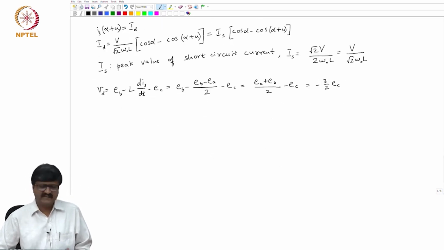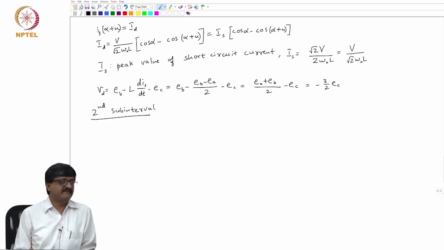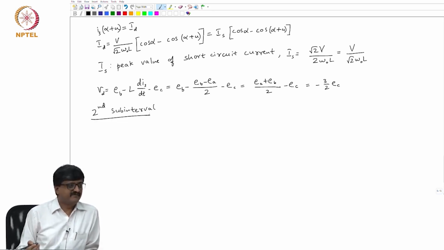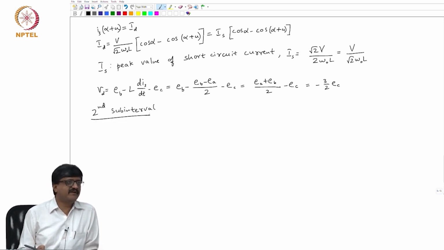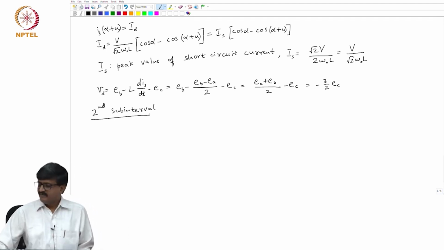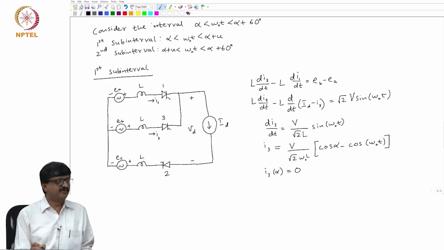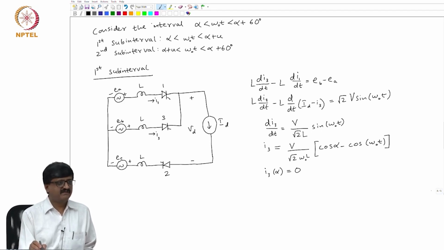Now, the second subinterval is very straightforward. Of course, it is much easier. In the second subinterval, I have only 2 valves conducting, 2 and 3. So, if I want to draw an equivalent circuit showing only those elements which conduct current, then it is the same circuit which I got earlier, but now a few elements can be removed, because in the second subinterval I1, the current through valve 1, is 0.